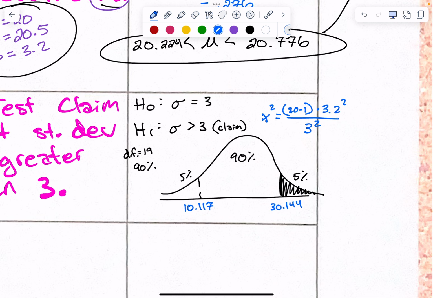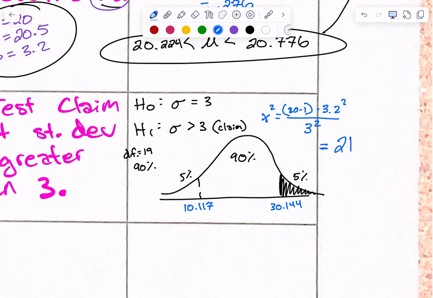So 19 times 3.2 squared divided by 3 squared is 21.62.